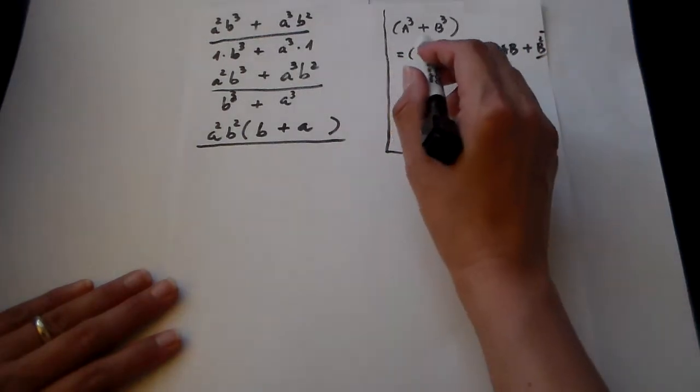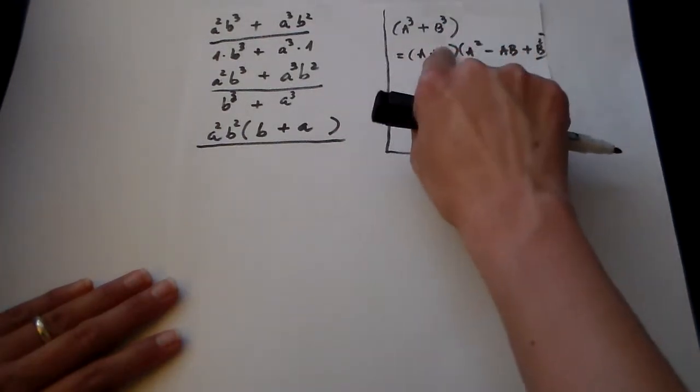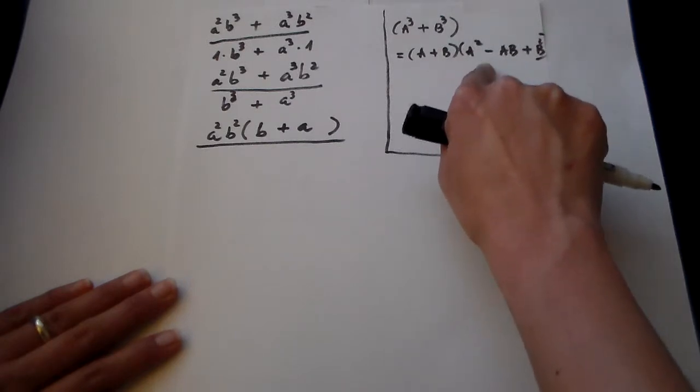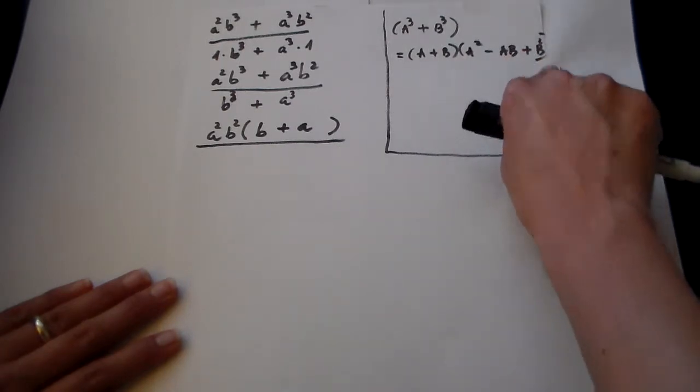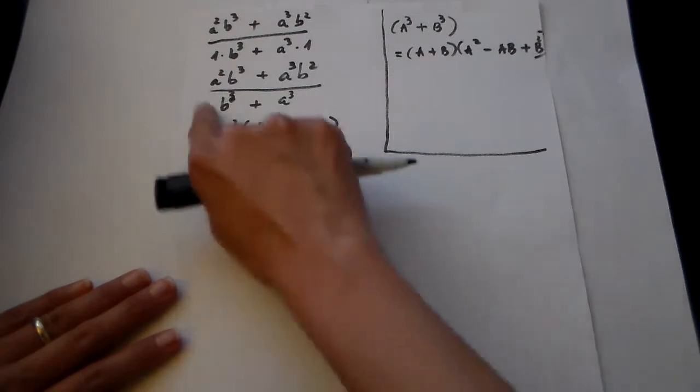So when you factor the sum of two cubes, you get a plus b times a squared minus ab plus b squared. I'm applying this formula here.